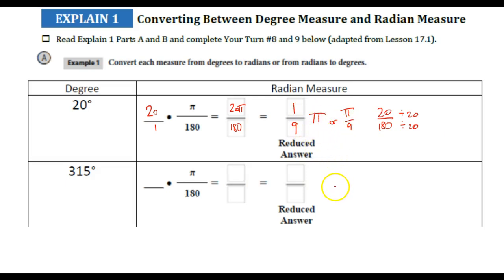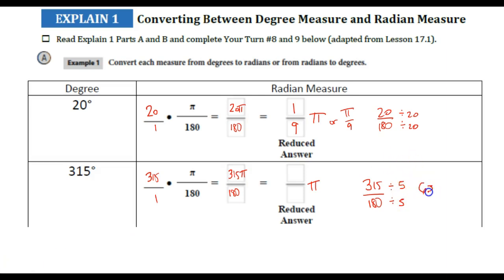Alright, let's try the next one. So 315 times 1, and that would be 315 pi. 1 times 180. You'll probably notice a pattern here. We're going to constantly be reducing, just so you know, for each one of these. So go ahead and think of maybe some numbers I could divide out of each. I think about 5. If you could think of something a little bit more, go ahead and try it out.